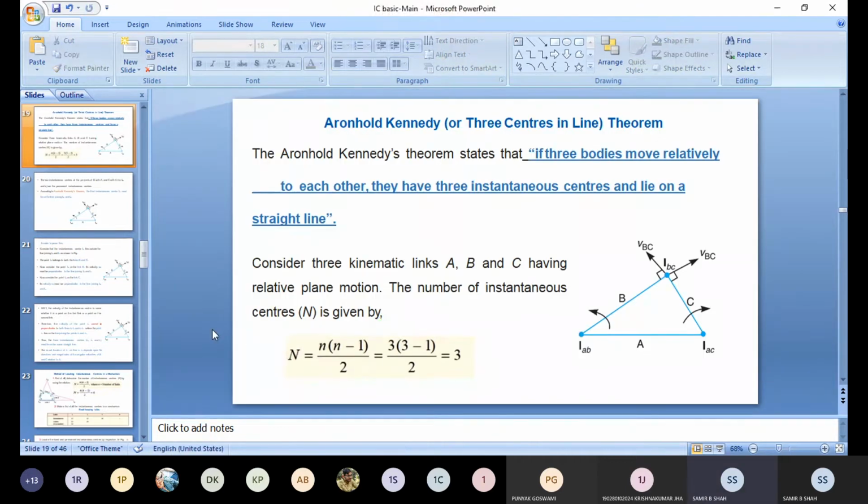As we know very well, consider three kinematic links. Here three links are given to you: links A, B, and C having relative plane motion. The number of IC centers, as we know, for three links is 3(3 minus 1)/2, so we get 3.